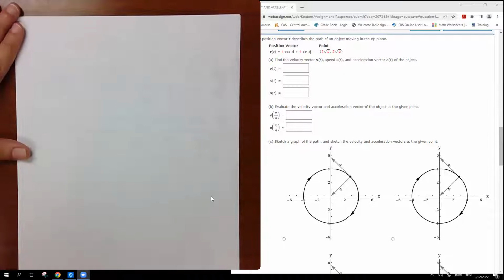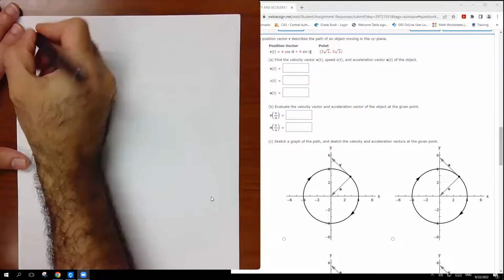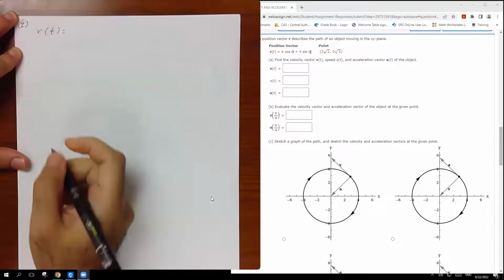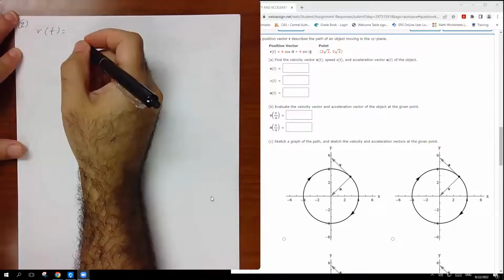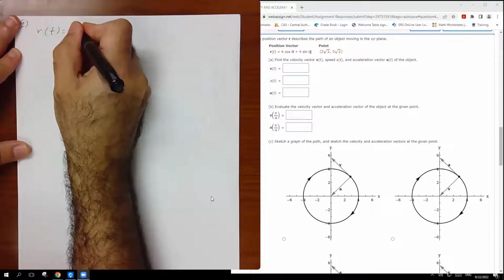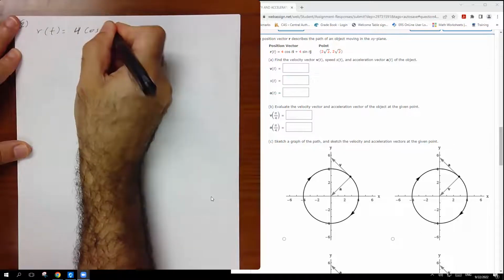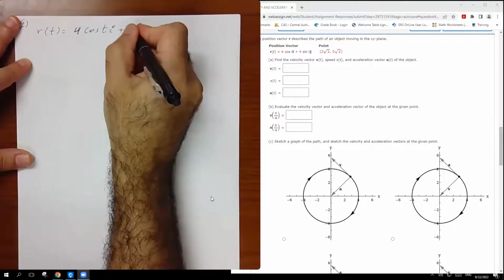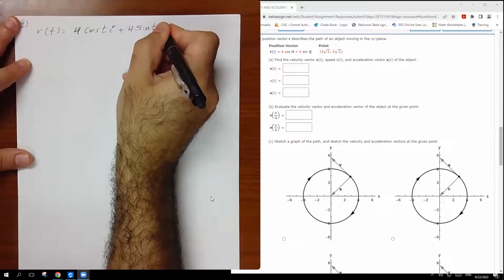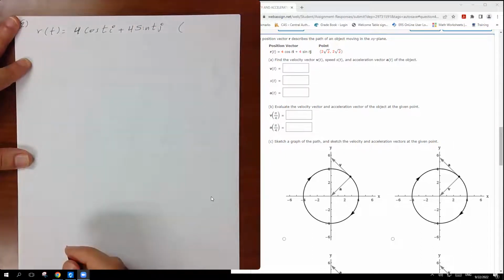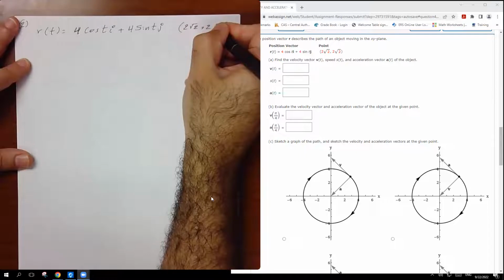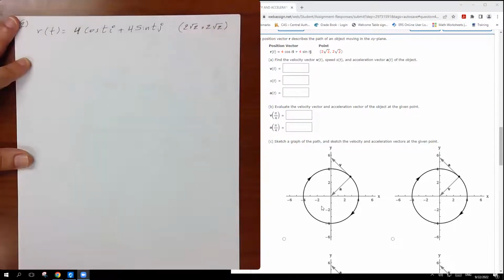This is example 2. r of t equals 4 cosine t i plus 4 sine t j. And the point is 2 square root of 2 and 2 square root of 2. So you see the point is in the first quadrant.